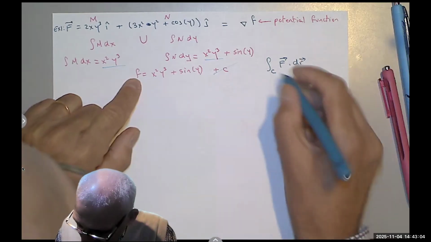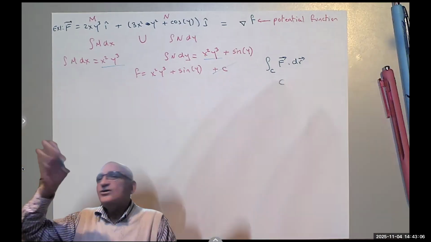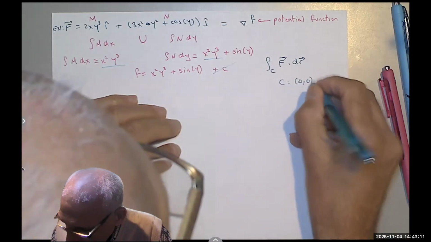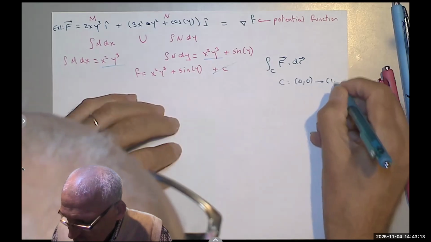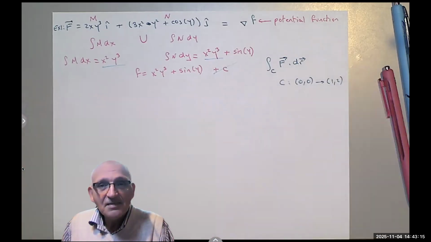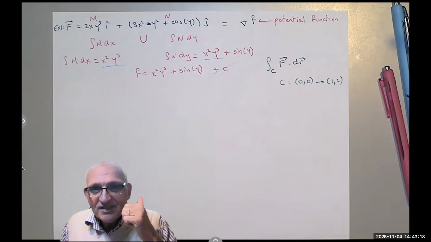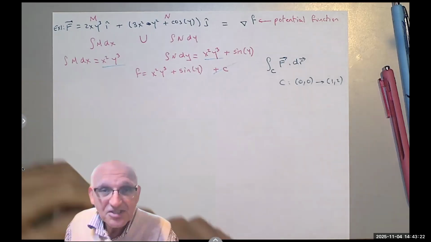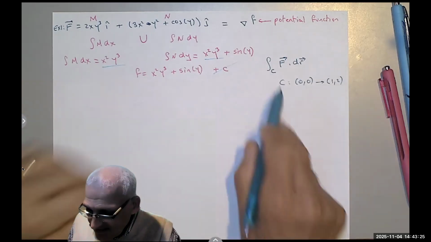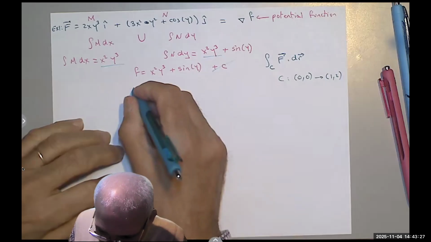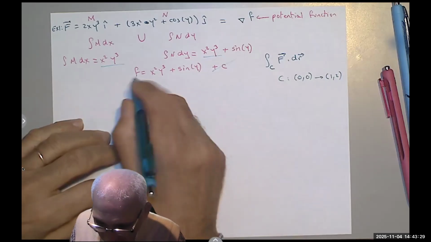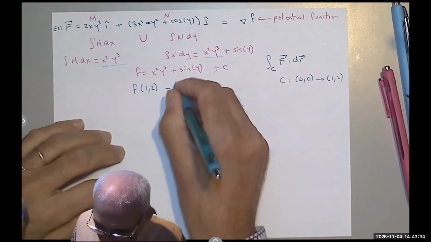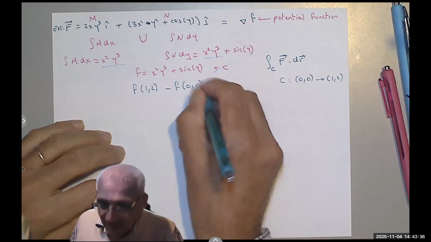Because assume that C is any curve you can think of, but we started from the origin and went to, say, 1, 2. Remember what we did with the fundamental theorem of line integrals: this integral is the potential function evaluated at the end minus the potential function evaluated at the beginning, and that's it.